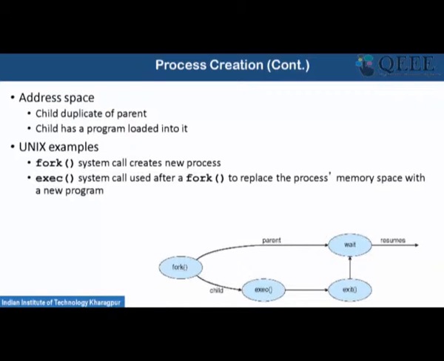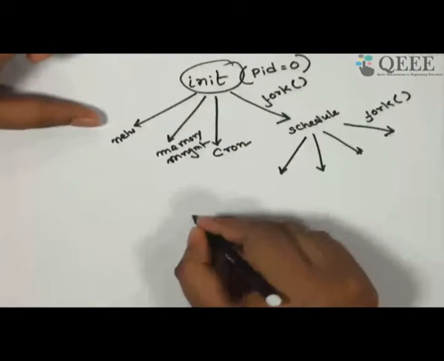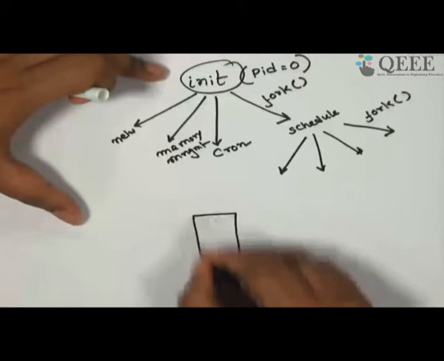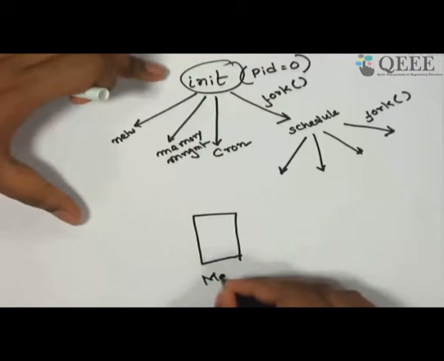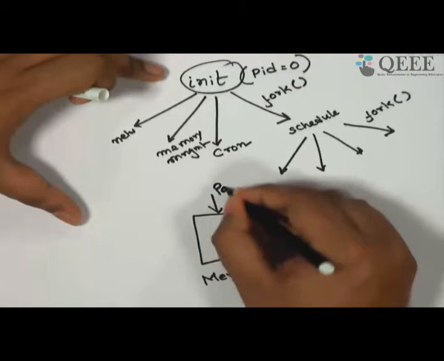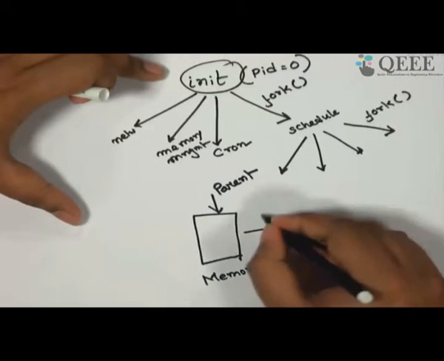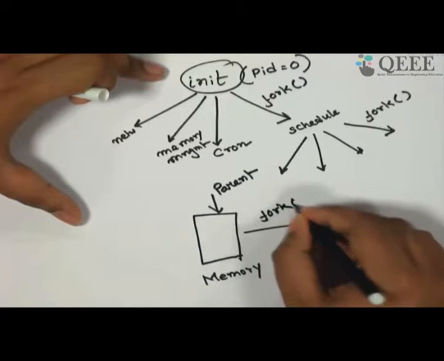So the idea is that once you are creating a child process, say this is your initial memory space which is being used by the parent process, and then you execute a fork system call to create a child process.